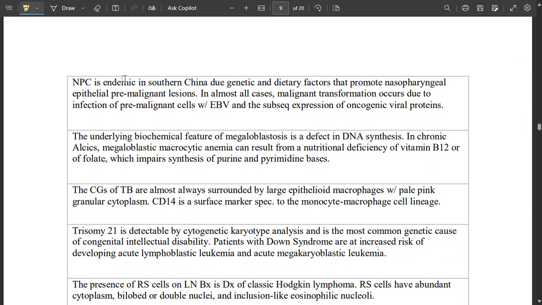So nasopharyngeal carcinoma (NPC) is endemic in southern China. It is a very common finding there, because genetic and dietary factors promote premalignant lesions of the nasopharyngeal epithelium.